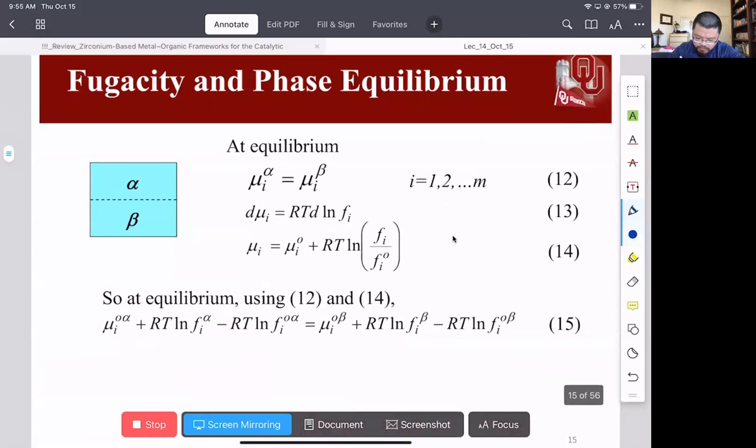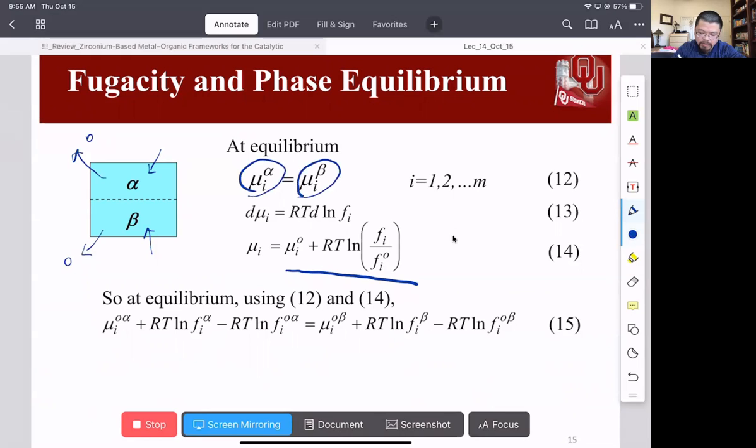So now if we have this equation 14, let's try to run the integration for the alpha phase and for the beta phase individually. So the alpha phase shall have its standard state, the beta phase shall have its own standard state, right? So if we run the integration to calculate the mu_i alpha, mu_i beta utilizing equation 14, then this is what we are going to have for the alpha phase.